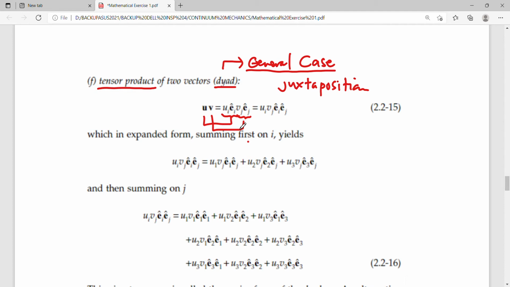It's called a tensor product of two vectors because our resulting product is no longer a vector. So it is a general case of a tensor. It is one degree higher than a vector.